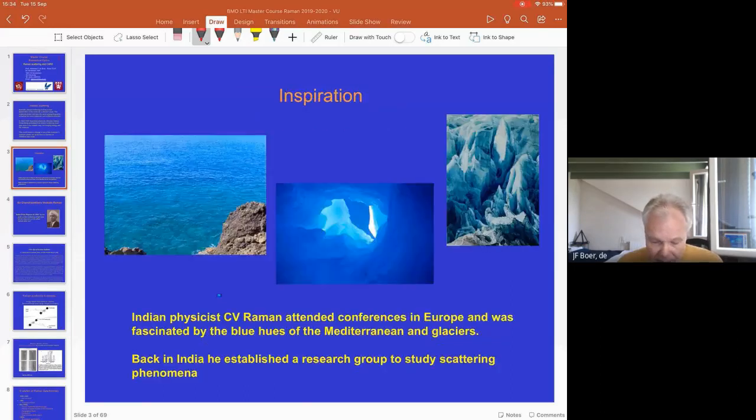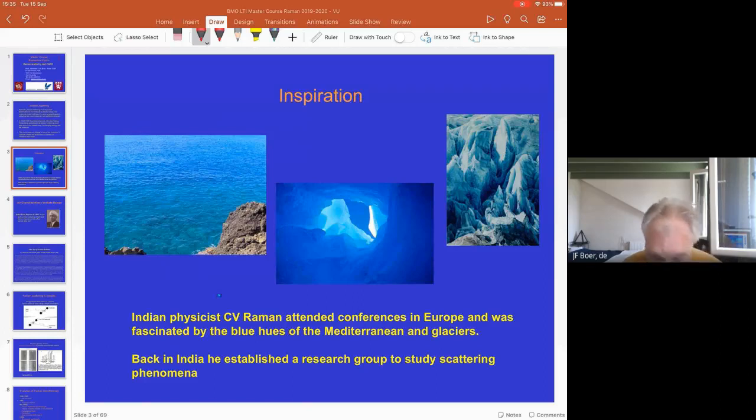So in the 1920s, so that's about actually a century ago, the Indian physicist Raman attended a conference in Europe, and he was fascinated by the blue hue of the Mediterranean, the ocean, and by glaciers, and that got him interested in the scattering process of light and how this occurs.